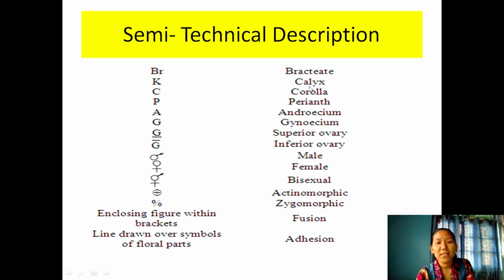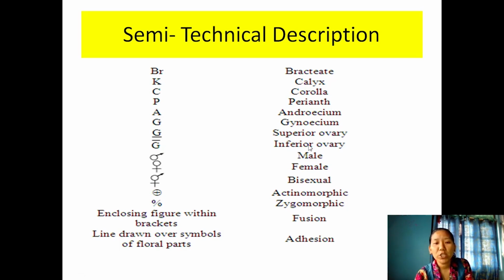And the calyx, as you know, is composed of a number of sepals. Calyx is represented by K, corolla by C. Perianth, we know that if calyx and corolla are completely fused, we call it perianth. It is represented by P. Male, that is androecium, is represented by A. Gynoecium is represented by G. We have discussed the position of the ovary with respect to other whorls.